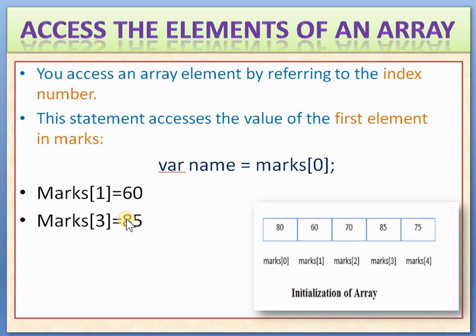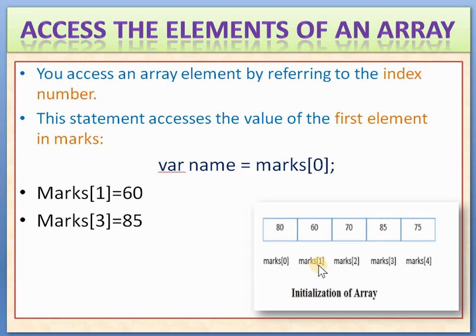How to access the elements of an array? In arrays, the elements can be accessed randomly by using the index number. The first element, 80, has index 0.